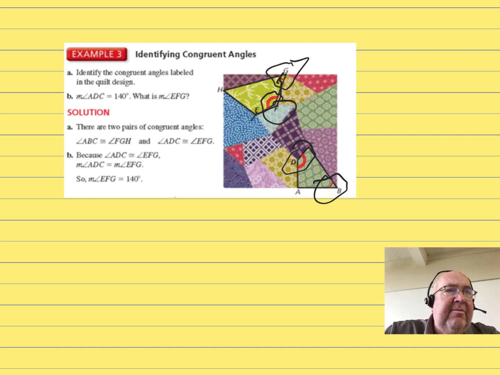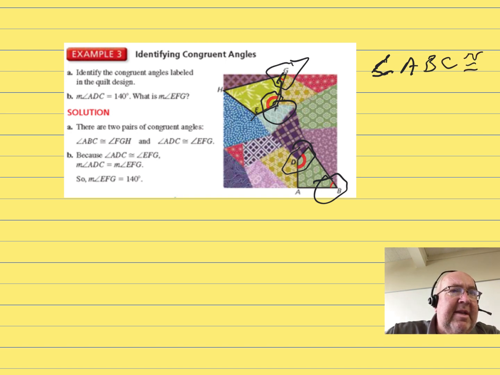So we know from the law of congruency that ABC is congruent with FGH.